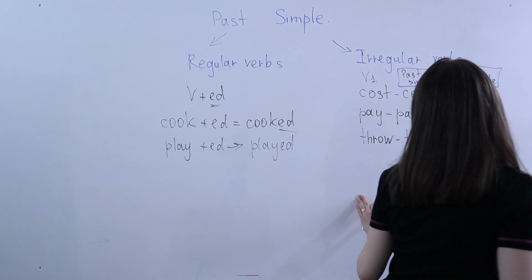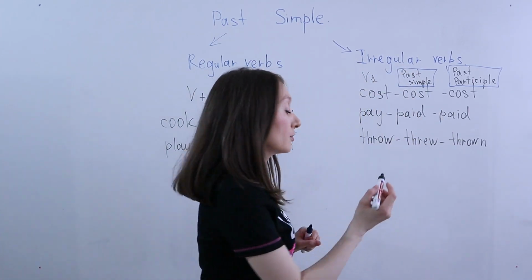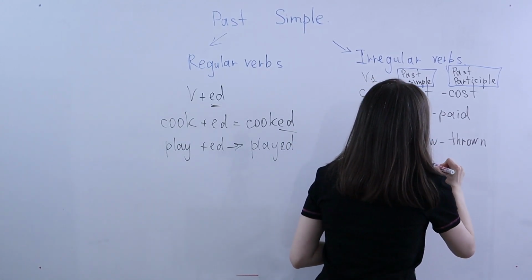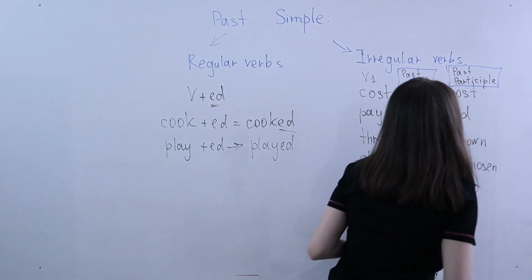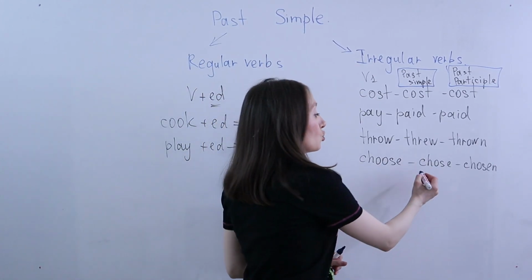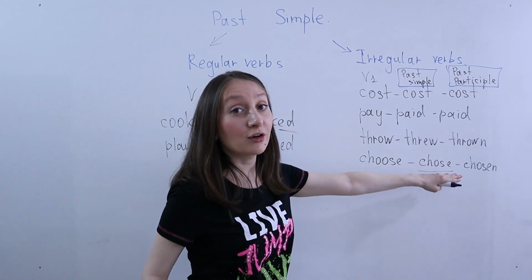And one more, choose, chose, chosen, for example. You see, we change the main verb into chose. This is past simple that we have to use. This is the irregular verb.